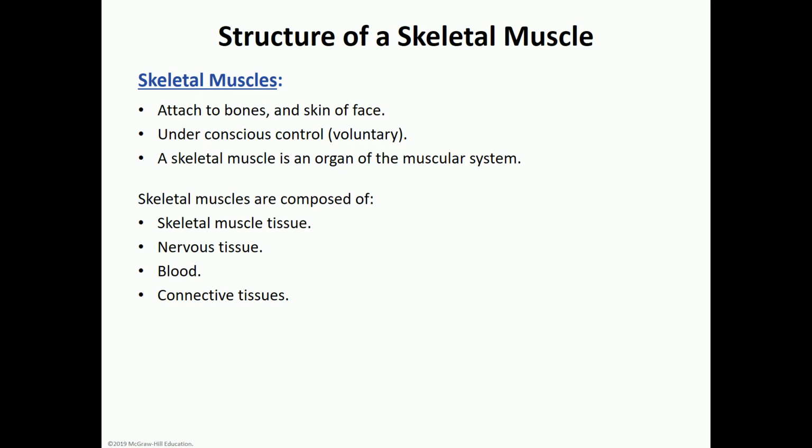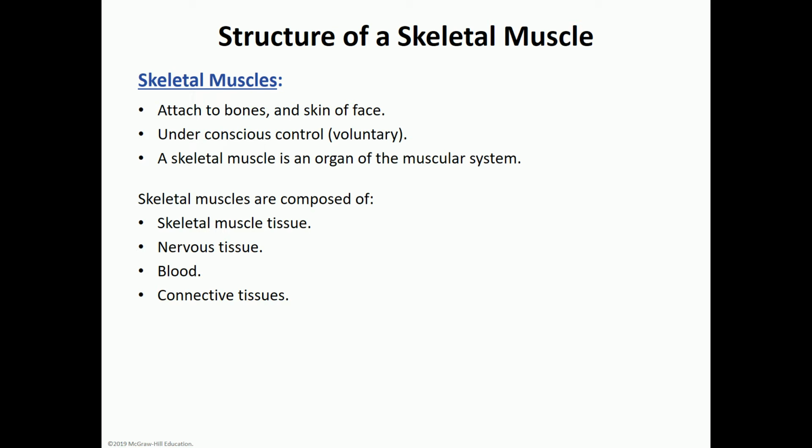Again, these are under conscious or voluntary control, and each skeletal muscle is an organ of the muscular system. For example, the biceps is one organ. Triceps is another organ. We consider each individual muscle one organ of this bigger muscular system. Now, a muscle is not only made out of skeletal muscle tissue, it also has nervous tissue, blood supply, so an artery and a vein.